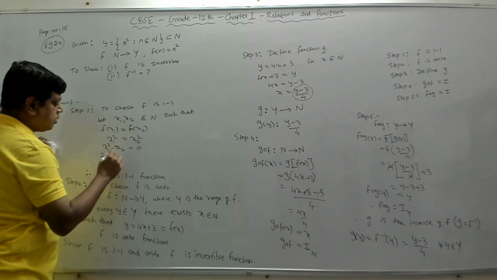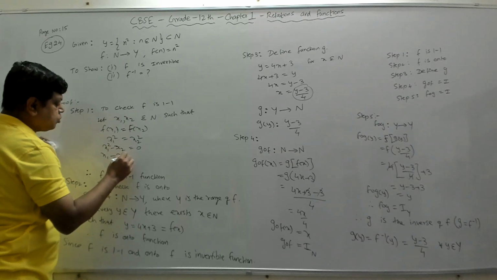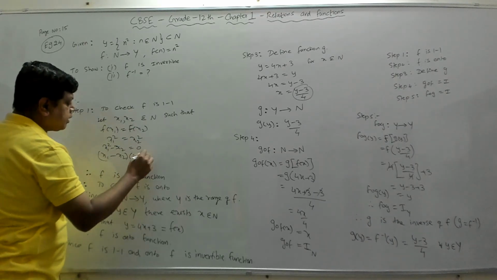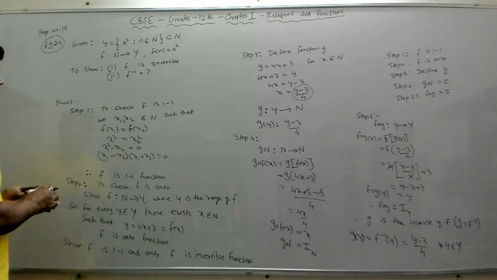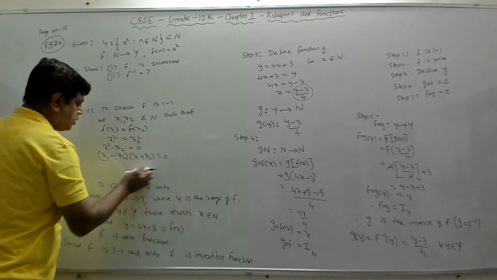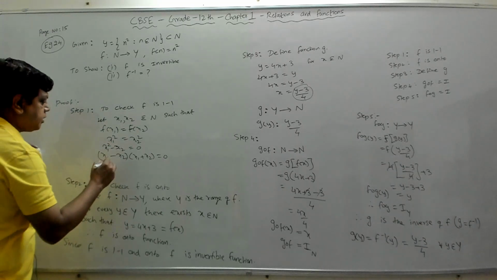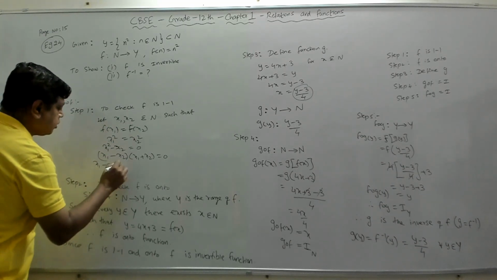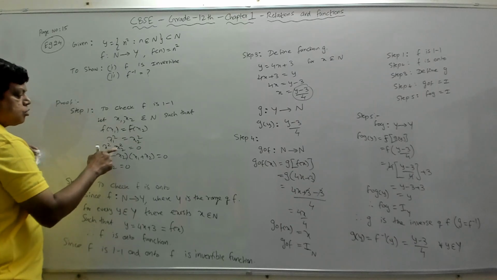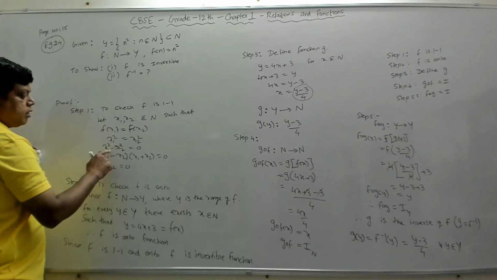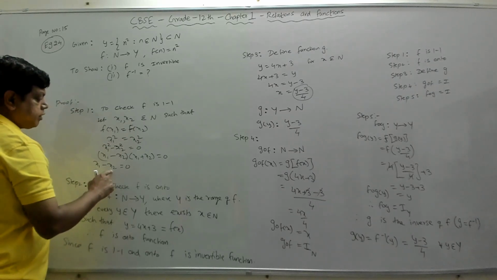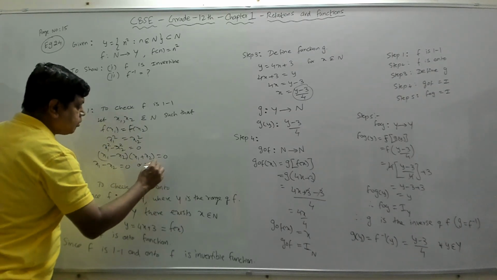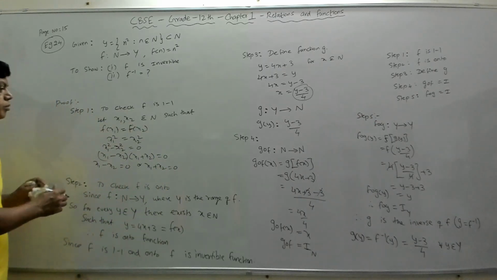This is in the form a square minus b square, which we can write as a plus b into a minus b. So x1 minus x2 equal to 0, or x1 plus x2 equal to 0.